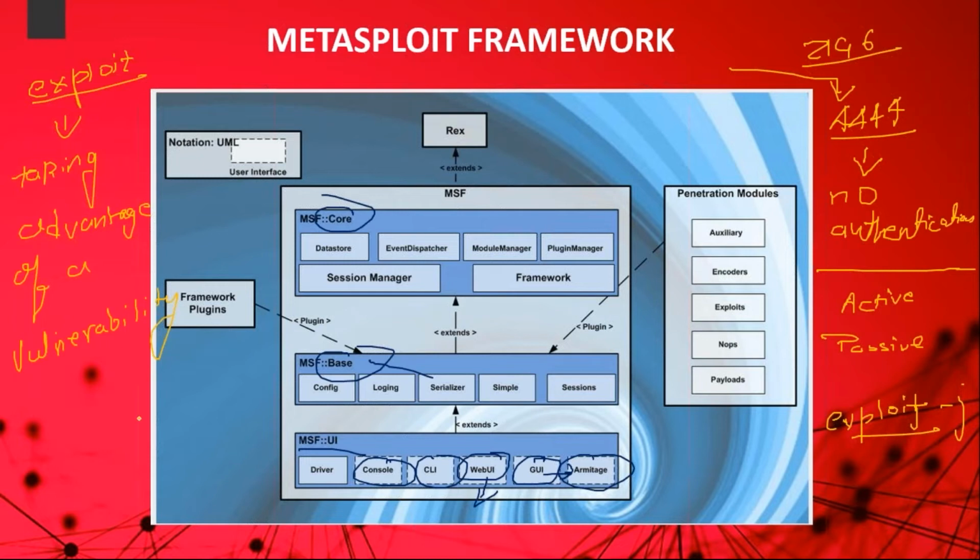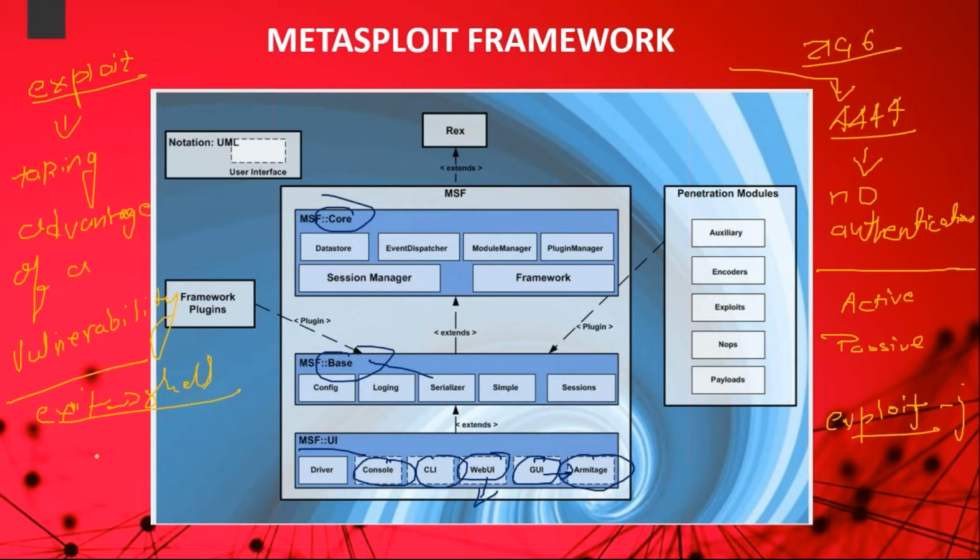Now, let's say we are doing brute forcing. We are cracking a password, we are doing a brute force attack. So for that, brute force will run, then it will exit when the shell opens.